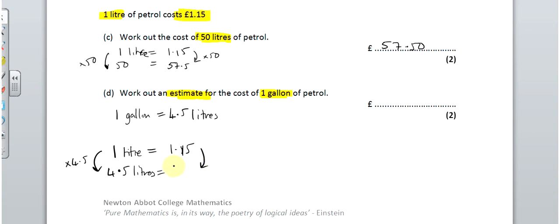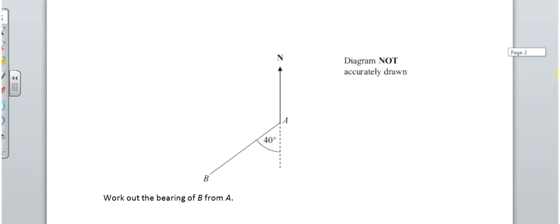And that gives me £5.175. So I'm going to round that to £5.18. Now, notice I wrote down the number straight off my calculator there. Always do that if you can, because it just shows you've got a nice accurate number.